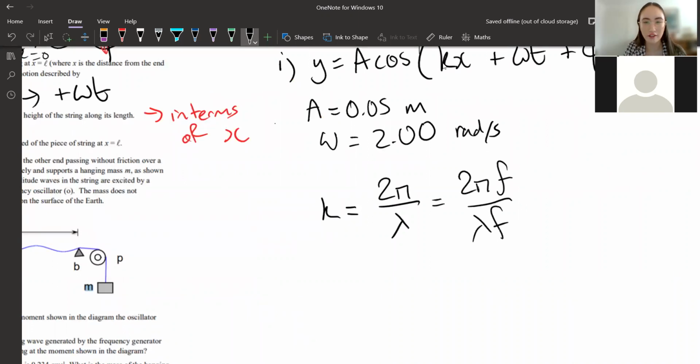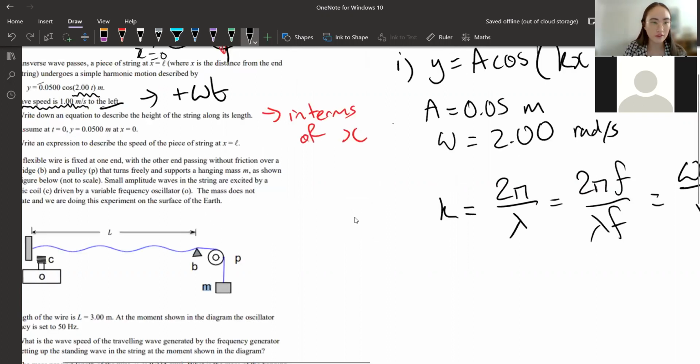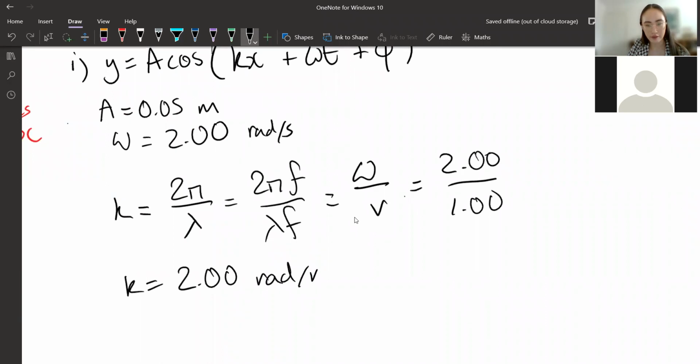Doesn't really change anything, but now 2 pi f is our angular frequency, and our wavelength times our frequency just becomes the speed of our wave. And so we know those. Our angular frequency was 2.00 and the speed of our wave was 1.00 meters per second. So our k value is just 2, and that's in radians per meter.